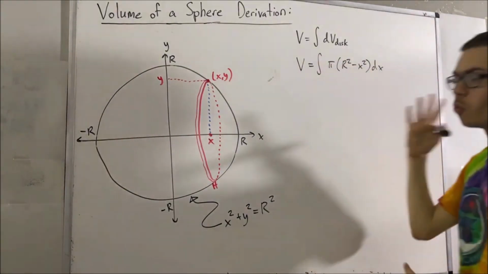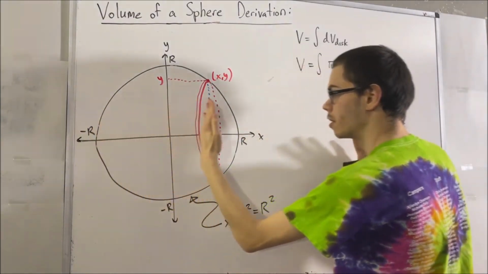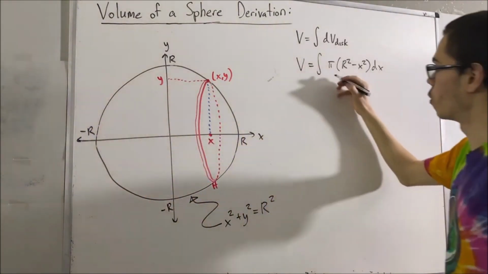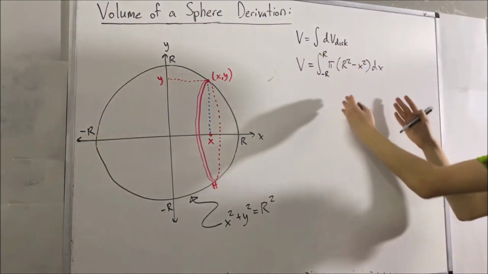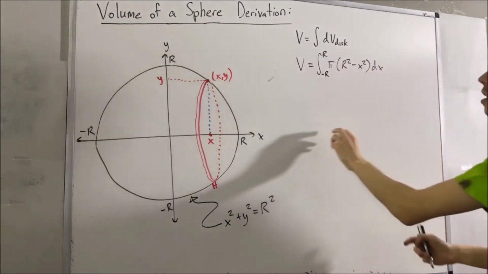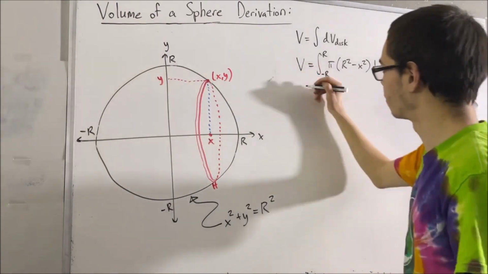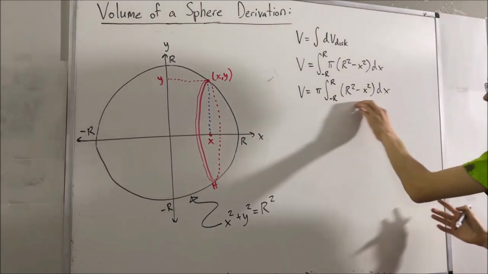But remember, we're integrating these thin disks from x equals negative r to x equals positive r. So really, our bounds of integration go from negative r to positive r. And now we're actually ready to evaluate this integral. So to start, because pi is a constant, we can pull that to the outside of the integral. And actually, we can evaluate this integral directly.